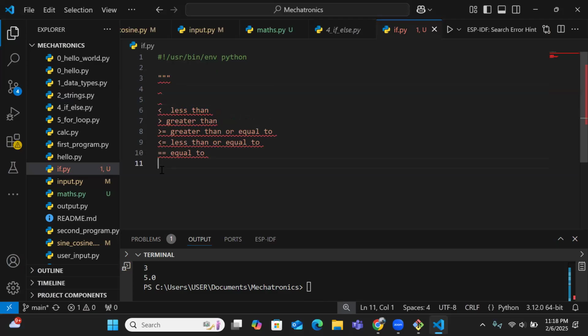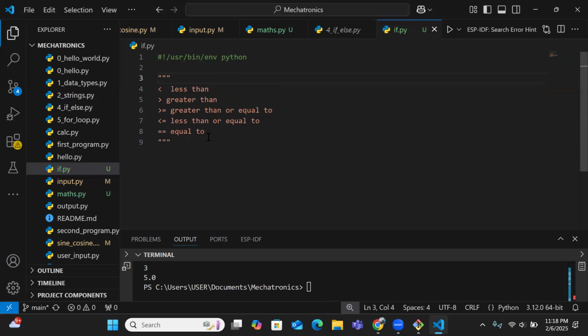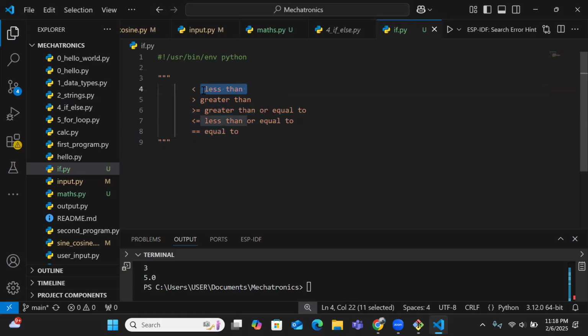When we use it, you will see. Less than, greater than, greater than or equal to, less than or equal to, and then equal sign, you do two of them.